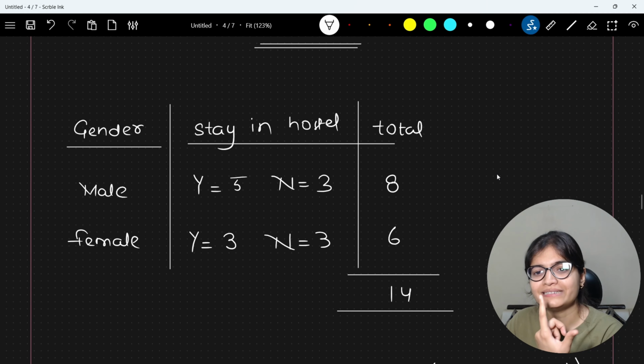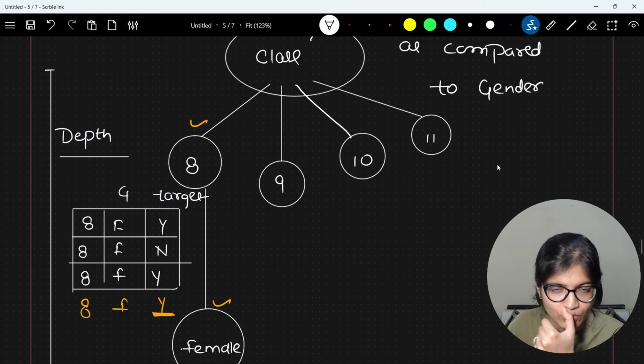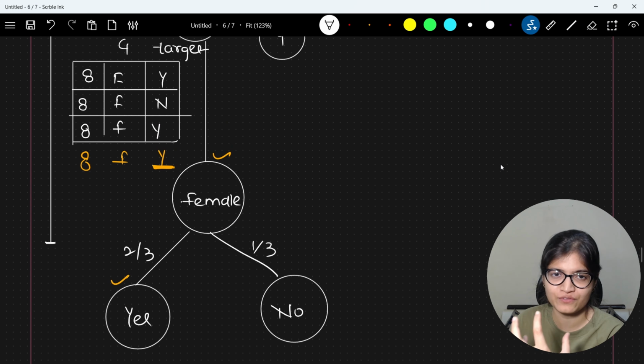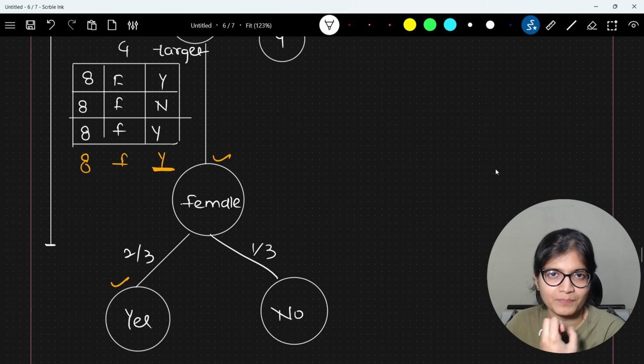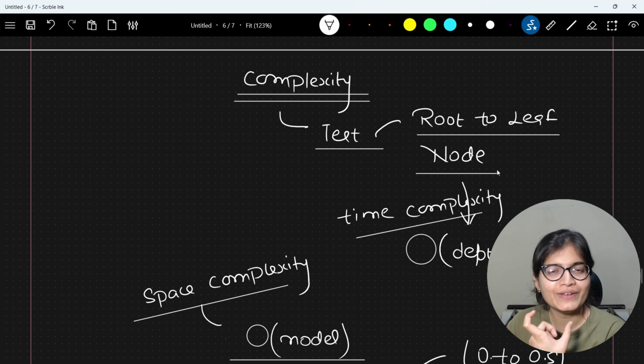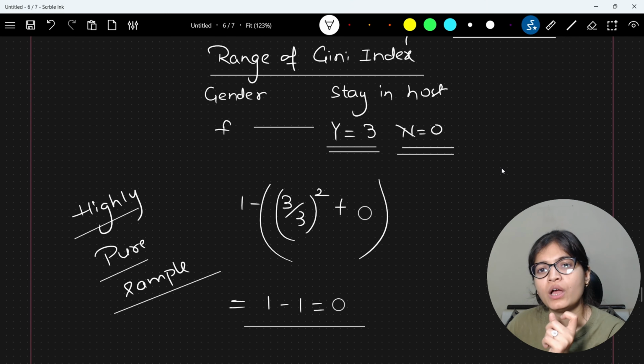We found that class has the minimum Gini value, and that's why we made it the root node. I asked you to complete the remaining part, where gender is the next feature. After that, we talked about the training time and space complexity required to execute this code, and at the very end, the range of a Gini index. Now I hope you have a clear idea about the Gini index and how to do the mathematical calculation for it in a decision tree.